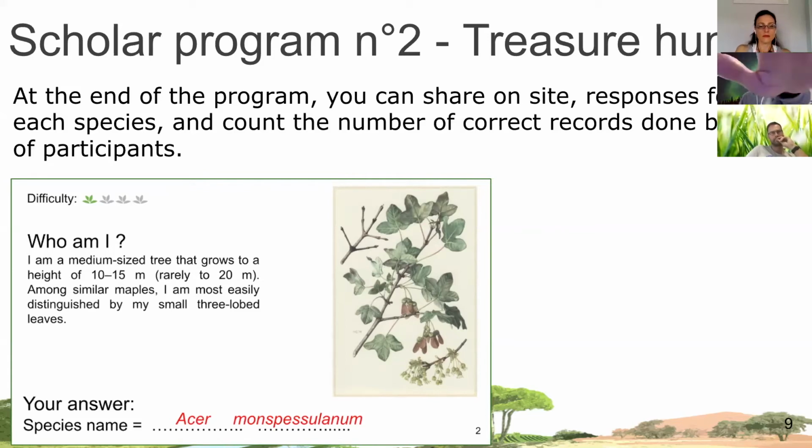So we ask them to record the species name on the printed document, and we collect the printed document in order to know if they recognize the species, and if they were able to record a plant observation of that species in the garden that we prospect. And if there is an interest to have a challenge, you can imagine counting the number of correct records done by the different groups of participants.